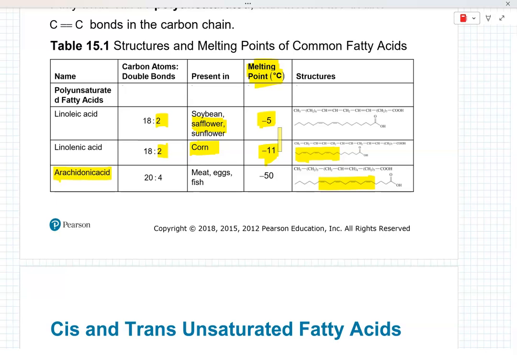The last one, arachidonic acid, yeah. Why is it solid? This is a fantastic question. Thank you, that's a great question.